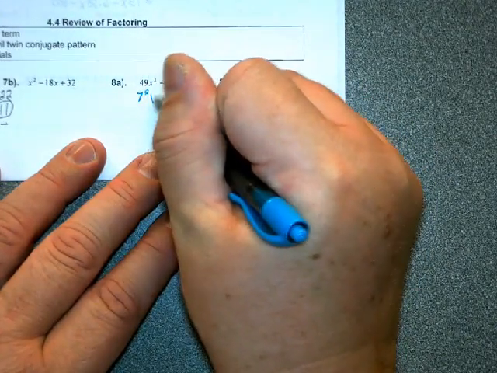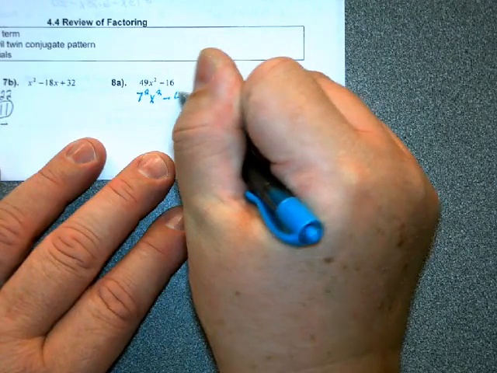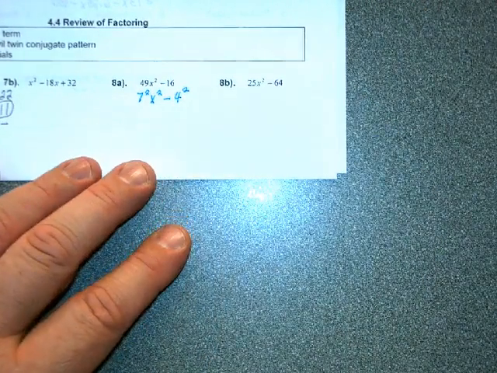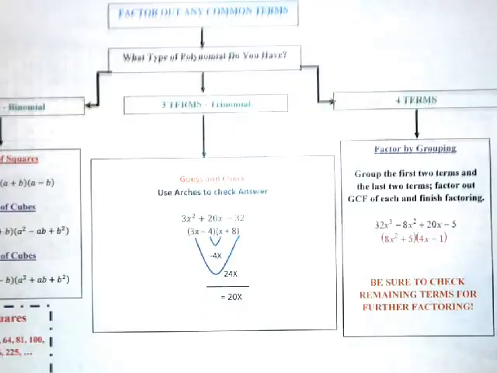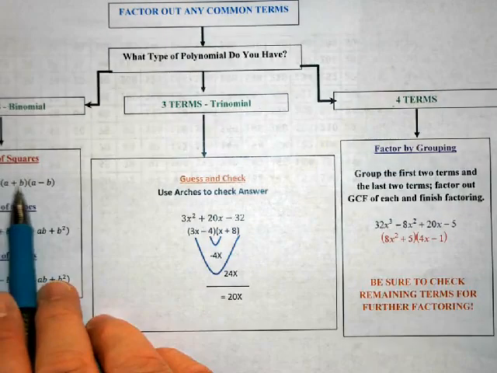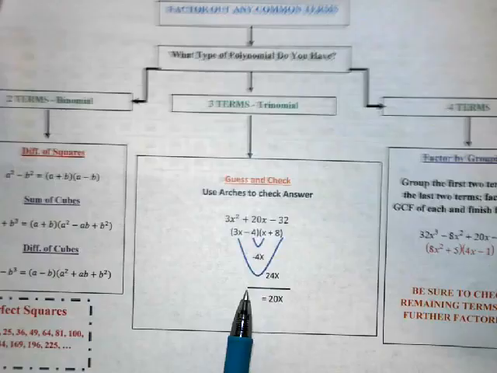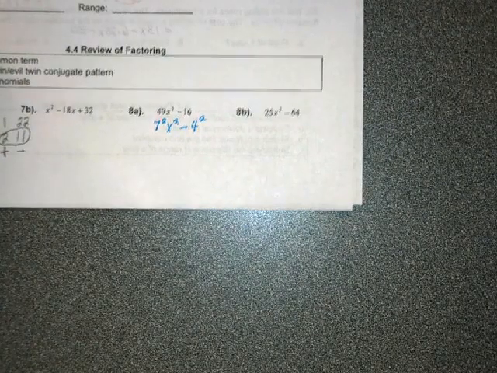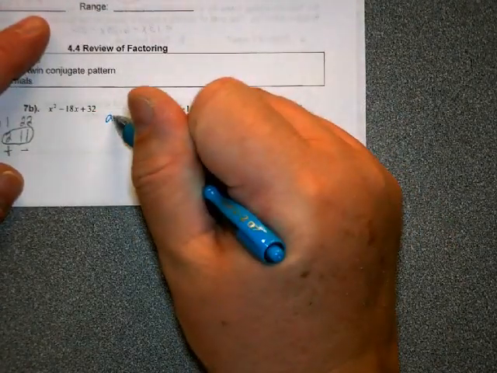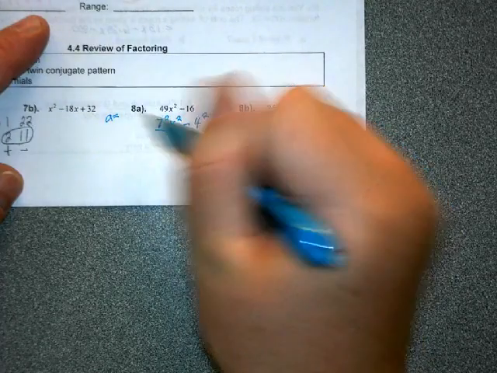And I have a shortcut formula. So I'm going to define my a and b because we have them in a and b terms. My a is going to be the base 7x, and my b is going to be the base 4.